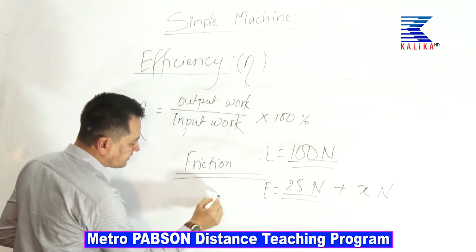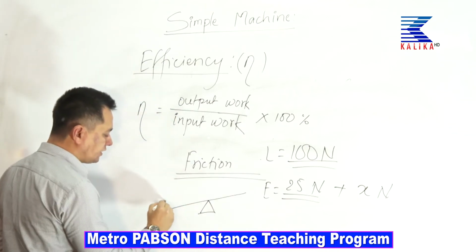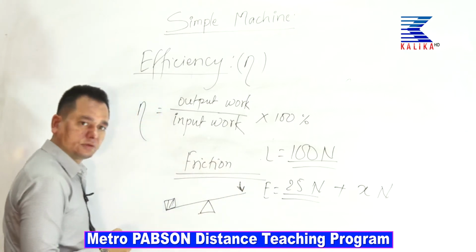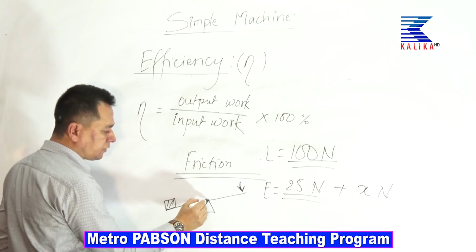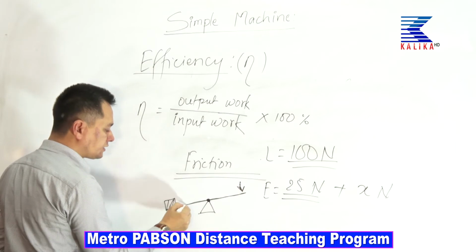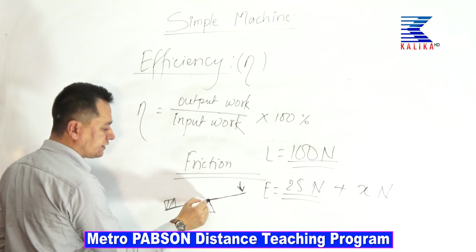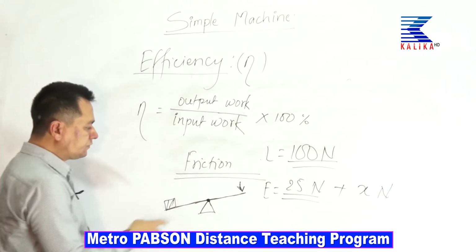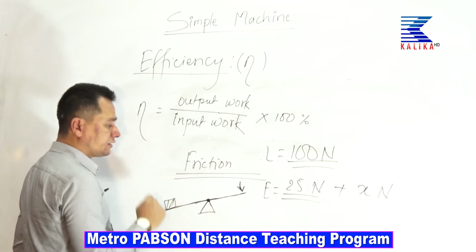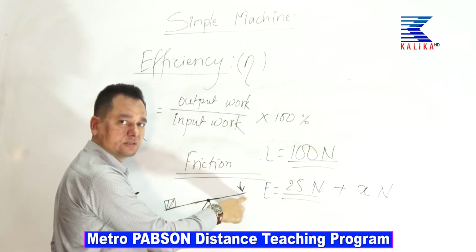If we take an example of a lever, a load is here, we apply some effort here. To make it move about this point, definitely a friction occurs between this lever and the fulcrum, at this point. Due to this friction, some additional effort is to be applied.